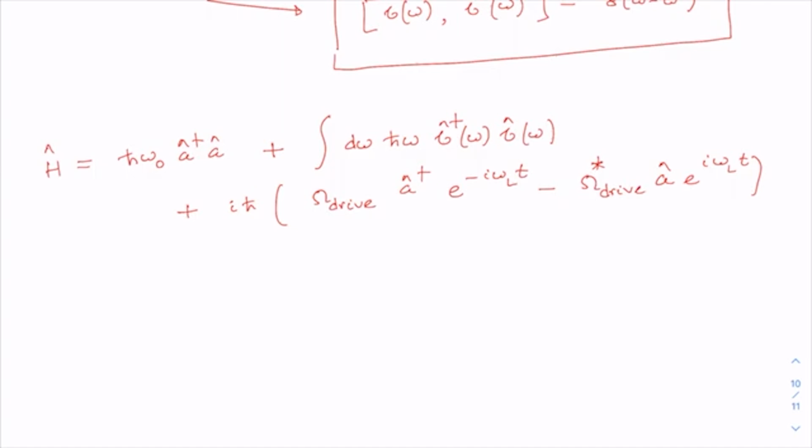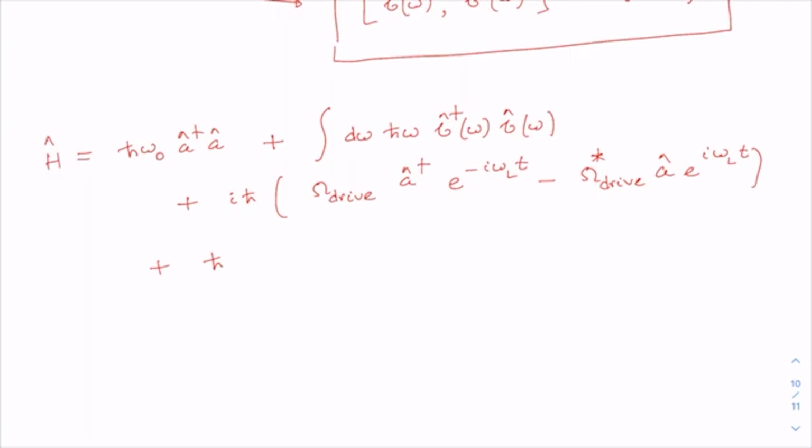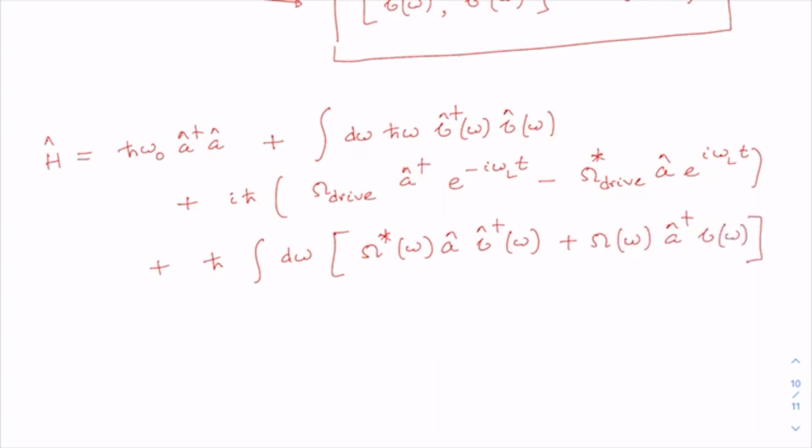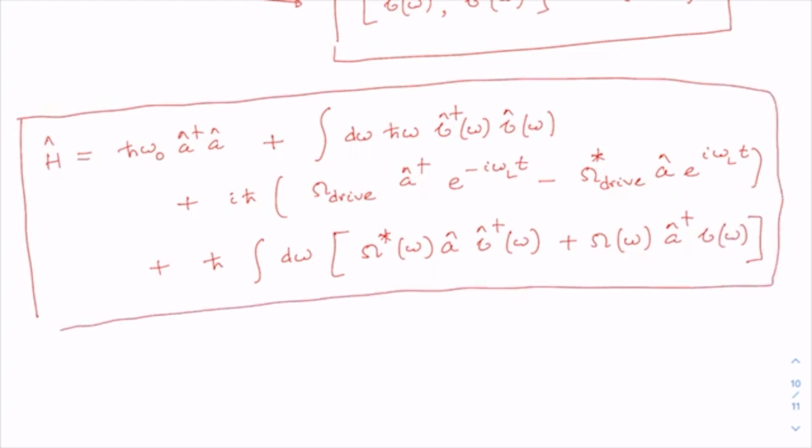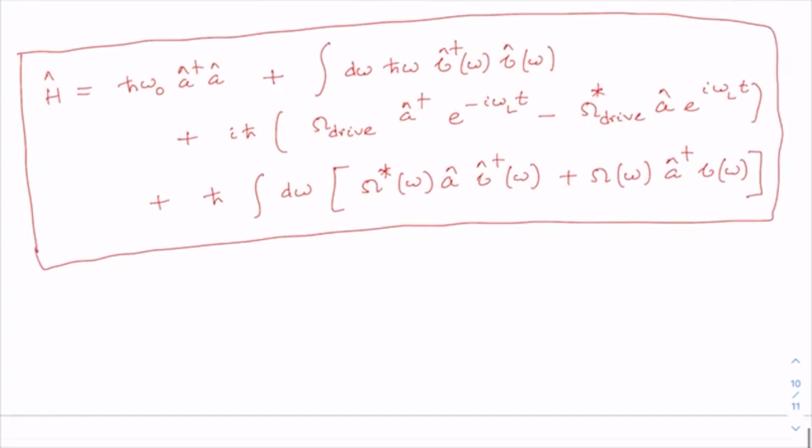And finally the bath and mode coupling, where again these bath oscillators are involved, so it would be replaced by an integral: h cross integration d omega, omega star of omega a b dagger of omega plus omega of omega, and we have a dagger b of omega. So this is going to be the key Hamiltonian now, and we can immediately write a couple of things from here.